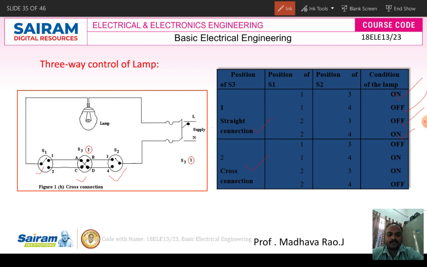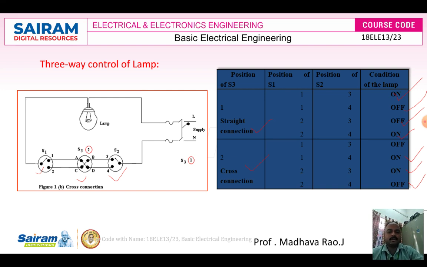Switch 1 in position 1, switch 2 in position 4, the lamp will be on. Switch 1 in position 2, switch 2 in position 3, the lamp will be on, and switch 1 in position 2, switch 2 in position 4, the lamp will be off. So this is the three-way control of lamp.